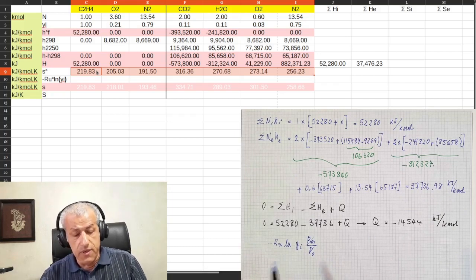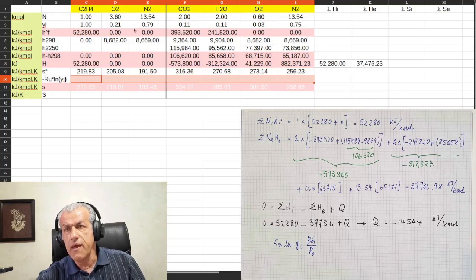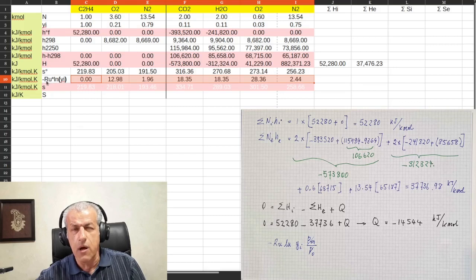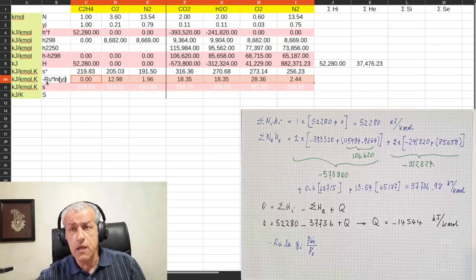That would be pretty simple, and that's what I have done here in this table for each of them. We have yi already, and we just take a logarithm and then multiply by RU, which is 8.3144 kilojoules per kilomole Kelvin, and this is what we get.